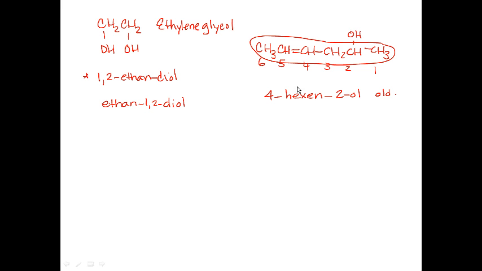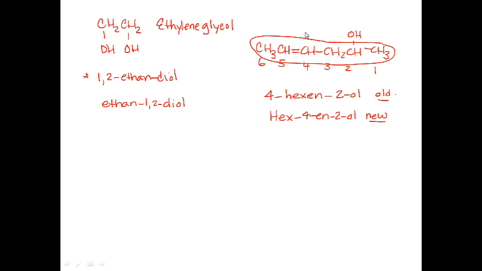In the new system, they actually just changed these around a little bit, so this would be called hex-4-ene-2-ol. And so in your textbook, that's what they talk about as the new system.